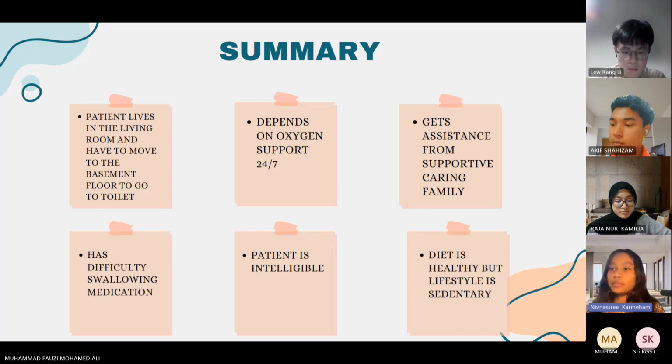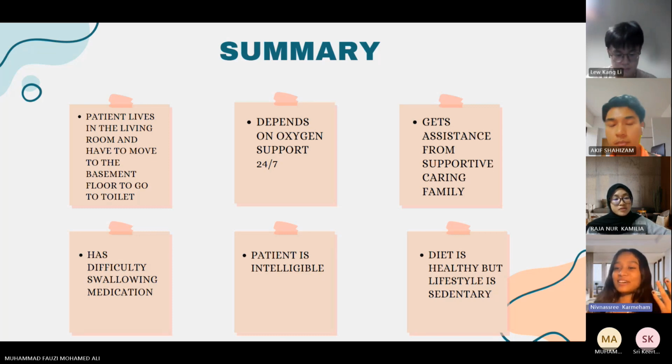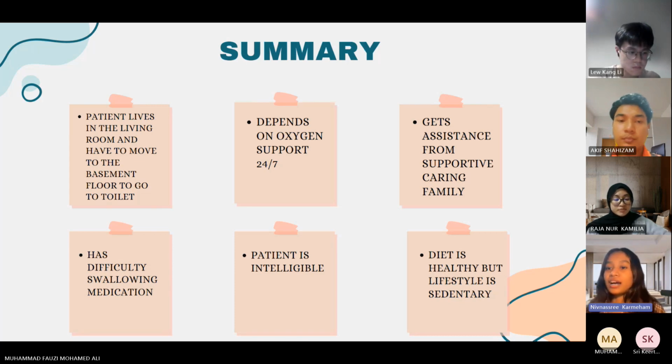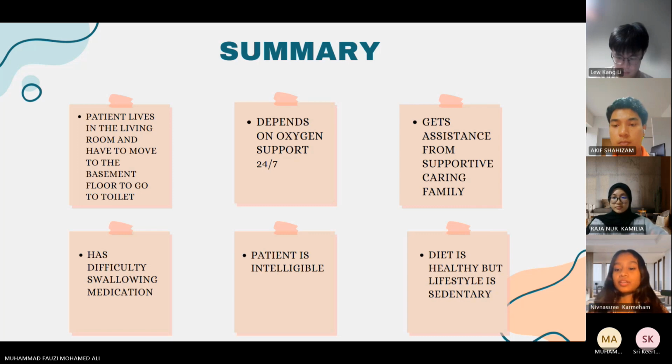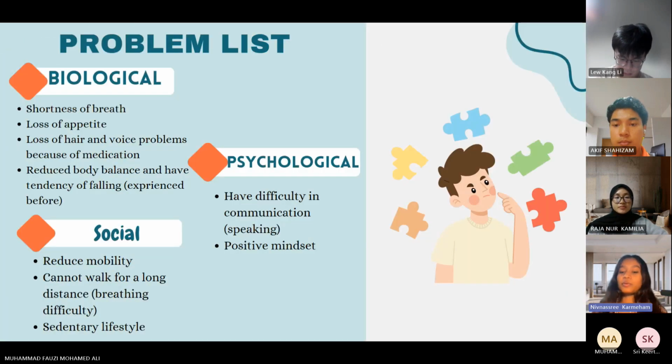He gets assistance from his sole caregiver, his wife, and also his family, which is his children and his brother. He has difficulty swallowing medication, but the patient is intelligible. The diet of the patient is healthy, but his lifestyle is sedentary, which most probably is caused by his limited mobility.